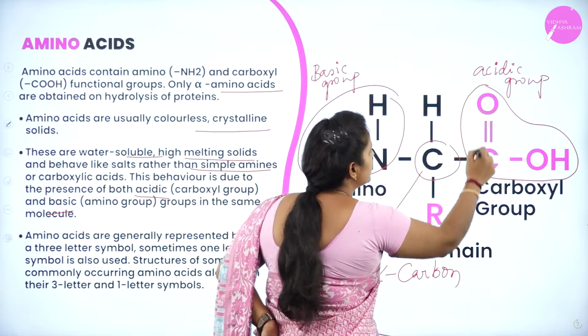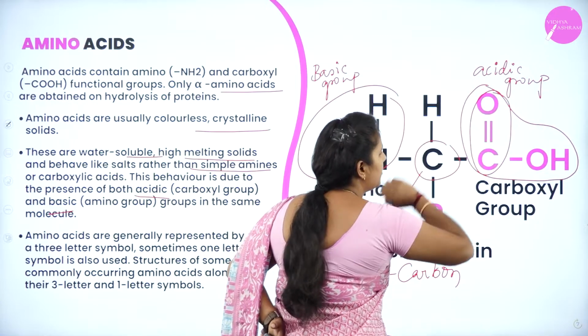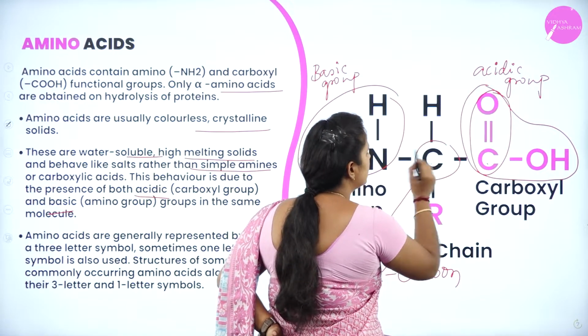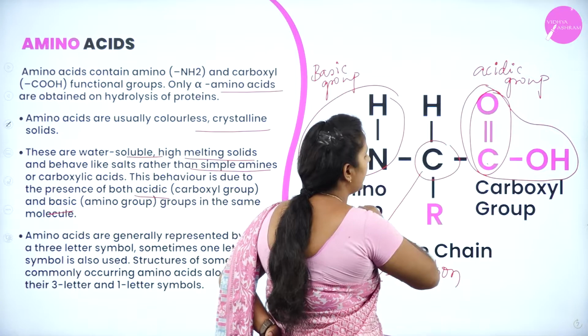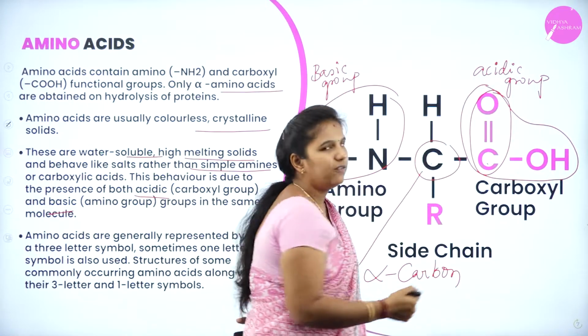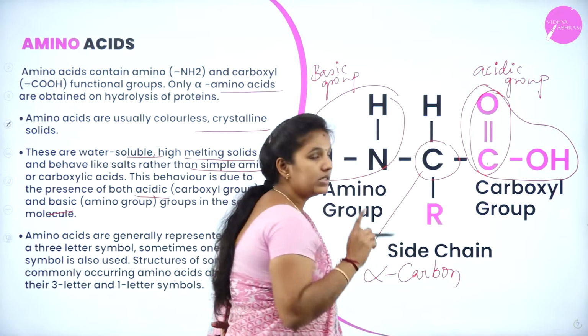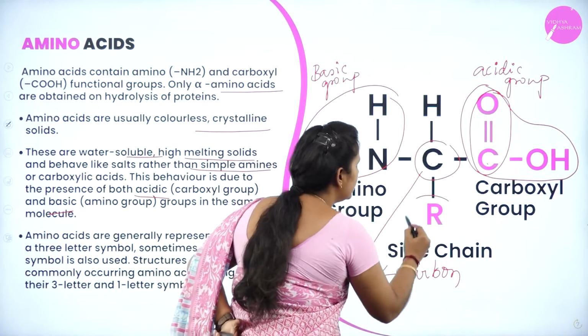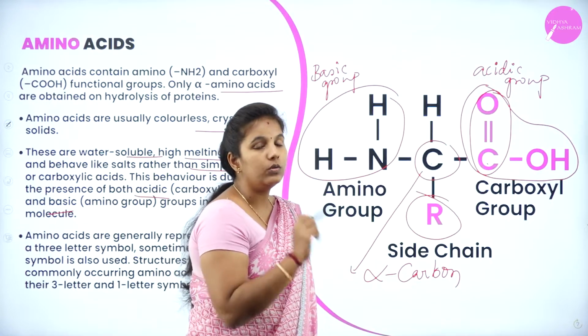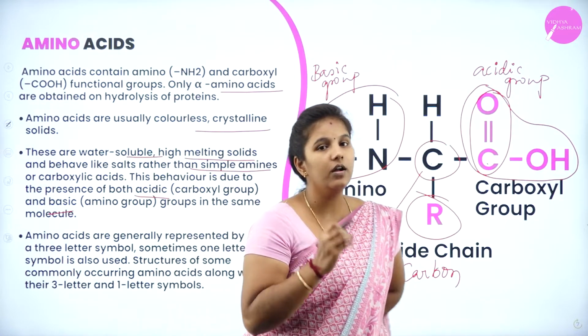Same here. You can see that there is a carbonyl group. Next to this, there is one alpha carbon atom, and there is one alpha hydrogen atom. Below this, there is an R I have written. This is a variable group which is present in the amino acid.